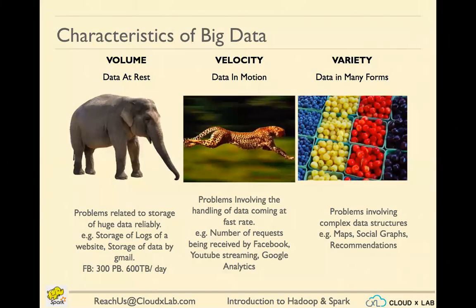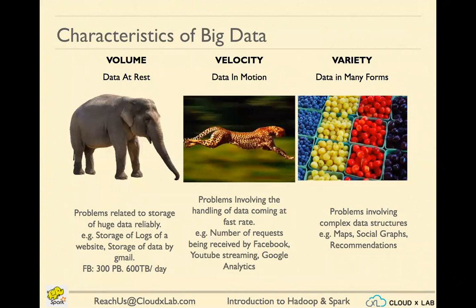That means this is very fast incoming data. It's being copied to all, and the problems involving the handling of data coming at a fast rate, we call that velocity. The number of requests being received by Facebook, YouTube, Google Analytics, and so on are examples of velocity.